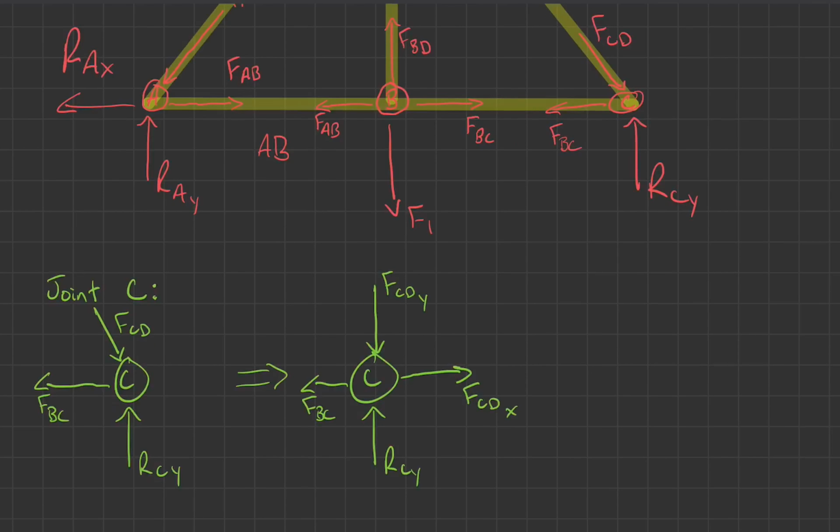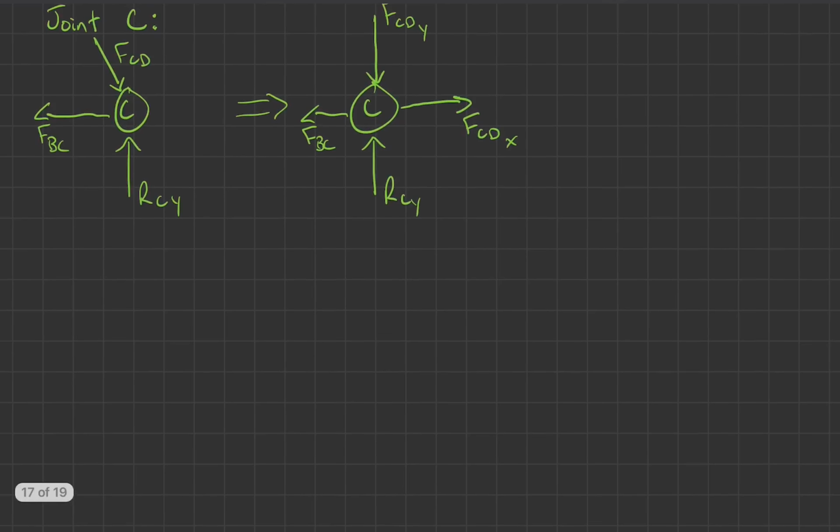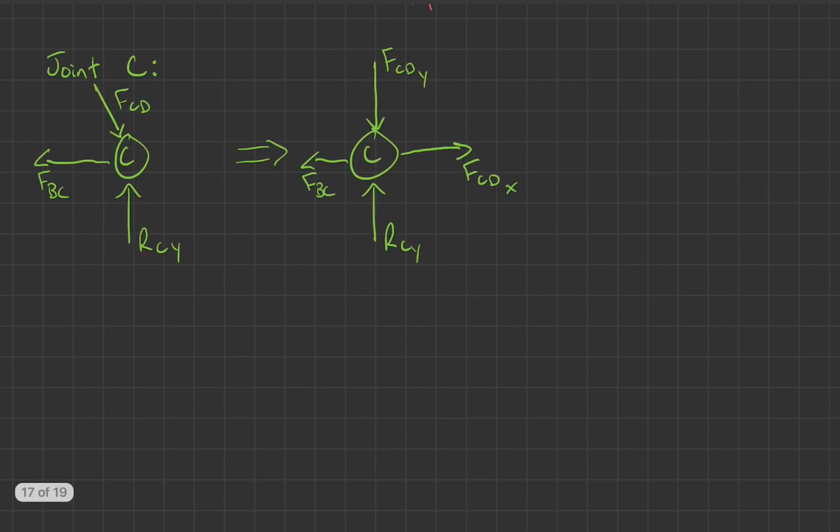Okay, so now all we have to do is pretty simple. We just have to sum our forces in the Y direction and then sum our forces in the X direction and solve for any unknowns that we can get. So the first thing we're going to do is sum our forces in the Y direction.